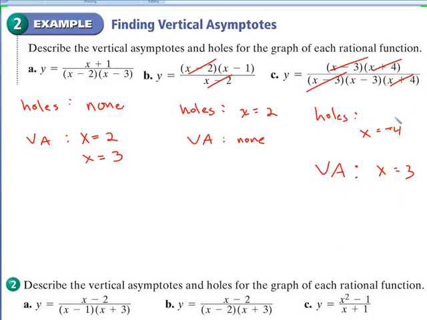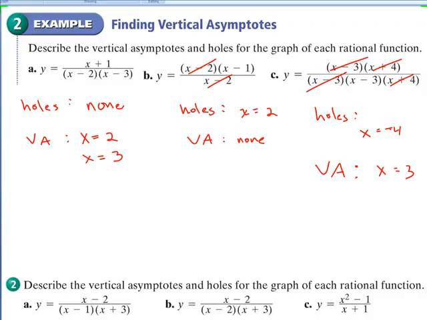So no need to also state the hole. These canceled out, and normally this would be a hole, but since this is also left over, at 3 you should say there's a vertical asymptote. So just think of it as the vertical asymptote overrides any holes if the values are the same.